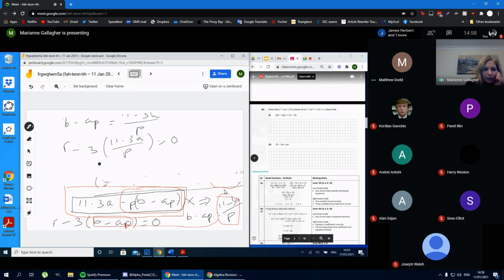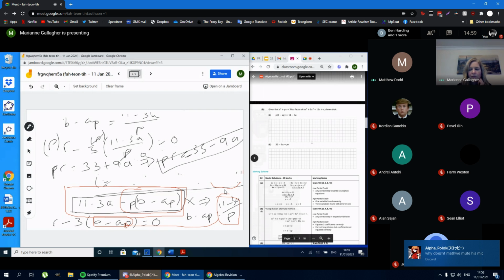So I multiply everything by P. So here you've got RP or PR, and the P's cancel here. We've got minus 3 times 11, which is 33, plus 3 3's is 9, so plus 9A. And then if you bring them over, that's equal to 0. So then PR is equal to 33 minus 9A, and that's your answer.